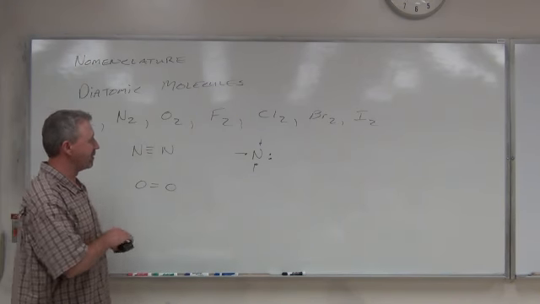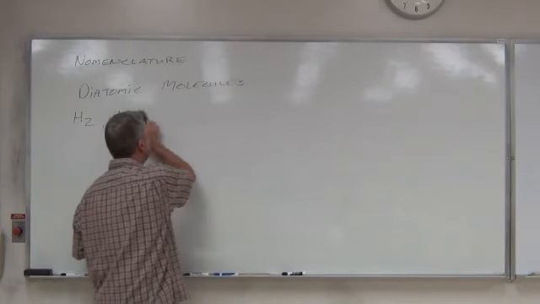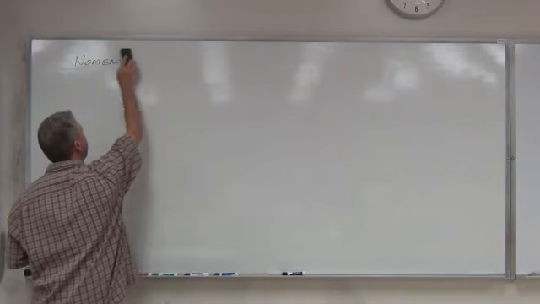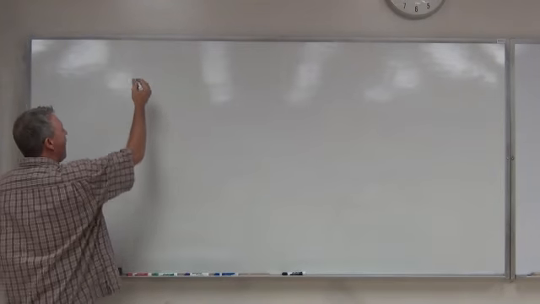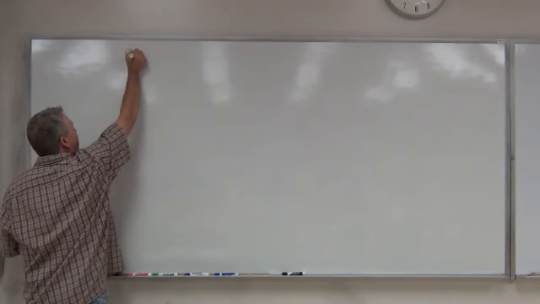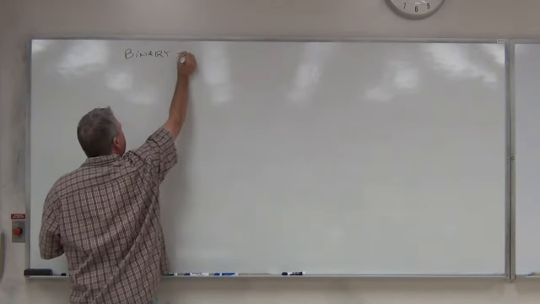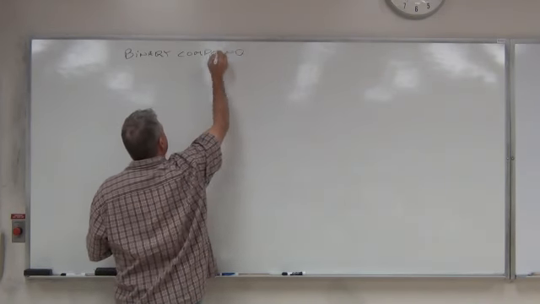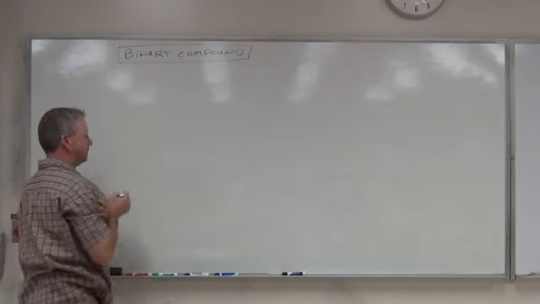Okay? These guys are multiple bonds, doubles and triples. Okay. So, how do we name our compounds? So I'll give you a flow chart. So you can ask yourself a series of questions. And the first question is, is it a binary compound? Do I have a binary compound?